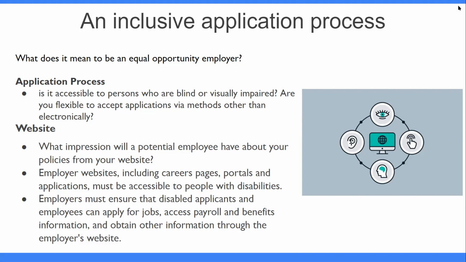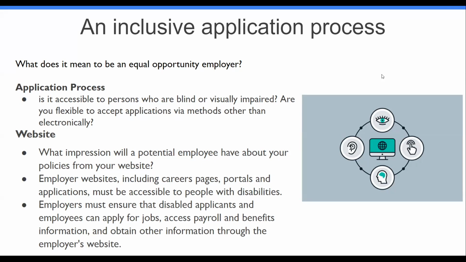Are you flexible to accept applications via other methods other than electronically? So, in this day and age, everything is digital, but for some folks that can be really challenging. So we just want to make sure that we are including those folks so that we have a way that they can reach out and ask some questions.